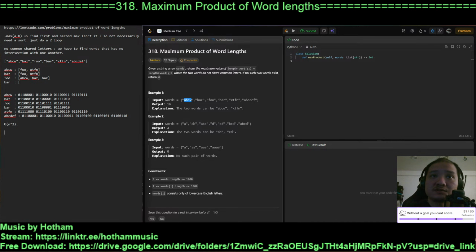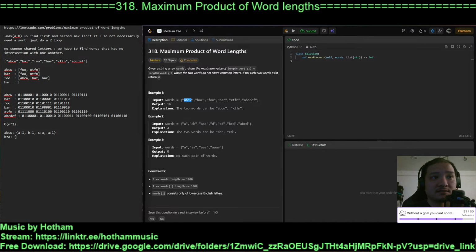So frequency for the first letter is A1. ABCW has A1, B1, C1, W1.